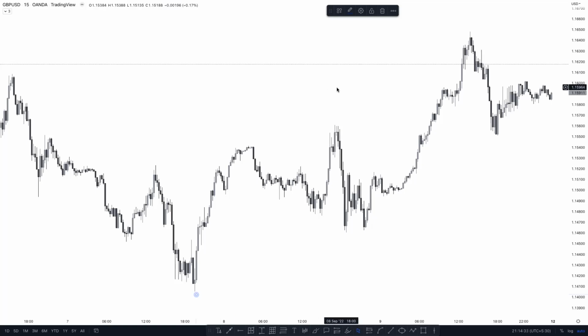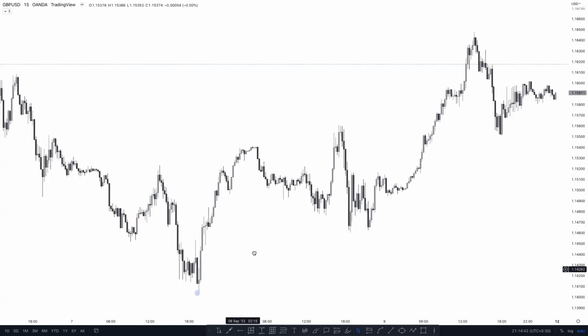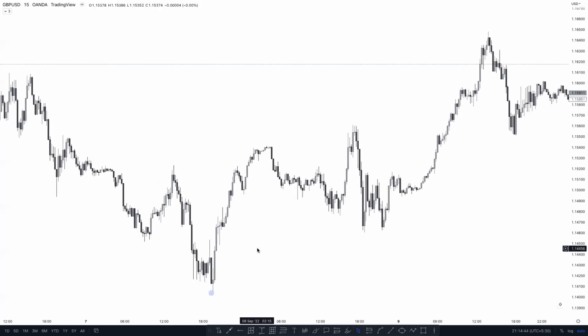All right. So now in the 15-minute structure, what is happening in GBP USD and what is a possible scenario in the upcoming week? So first start marking the structure.